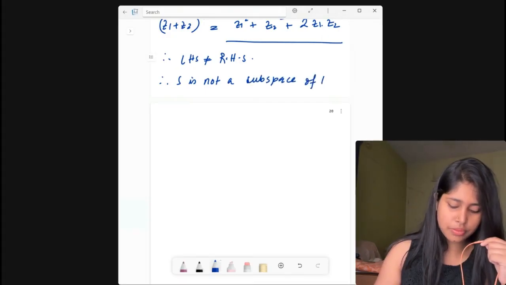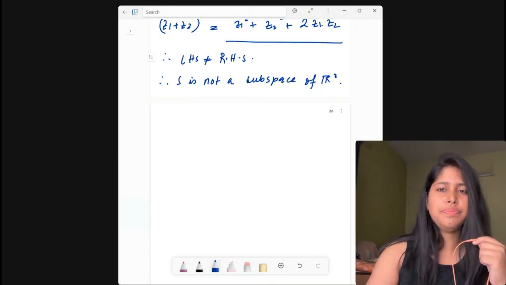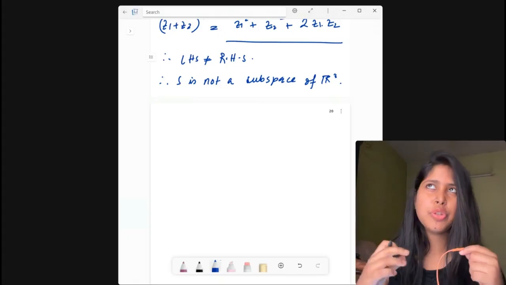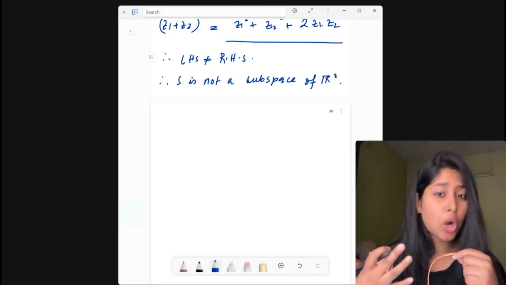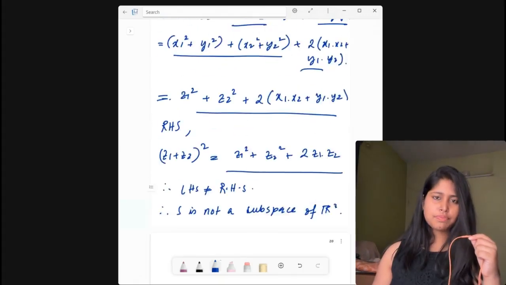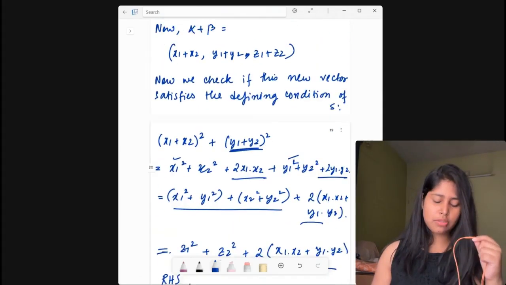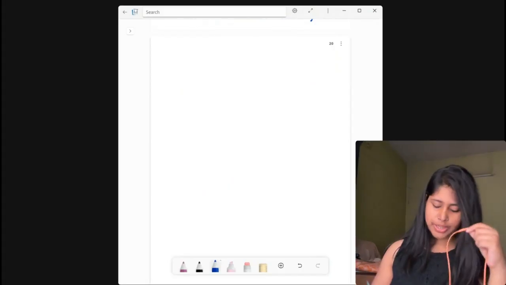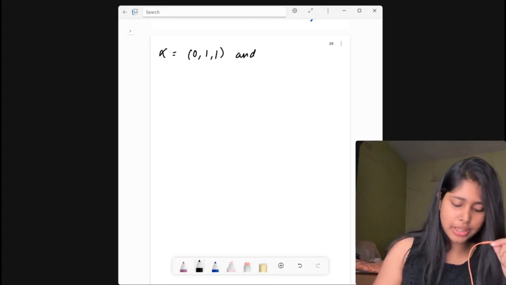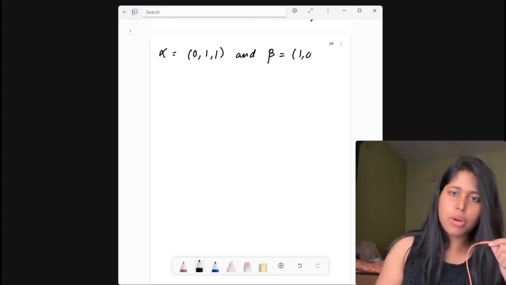of R3. Okay. Now see, if I am just taking an example, you can also prove this with a counter example. Take alpha to be 0 comma 1 comma 1 and beta to be 1 comma 0 comma 1.